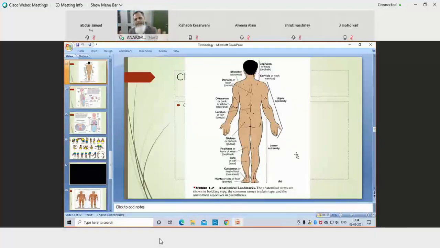Suppose there is a paralysis, a cerebral stroke. You must have seen or heard of patients with stroke, blood pressure, who became unconscious or paralyzed. So basically a patient is having a stroke and there is paralysis of the upper limb of the right side and the lower limb of the left side.